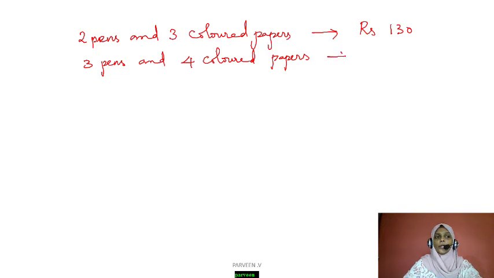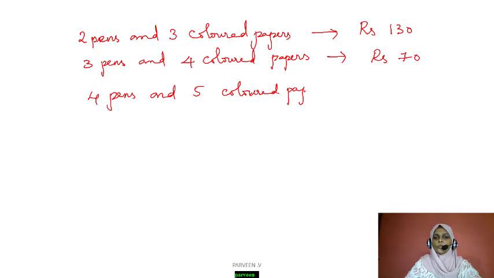And this time you had to give rupees 70. Now the third day you want to buy 4 pens and 5 colored papers. How much do you have to pay? Now this is a situation where I can use two variables to solve it.